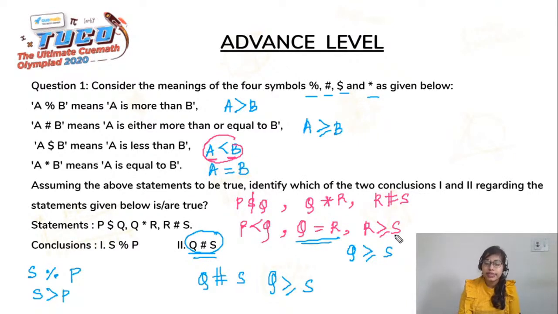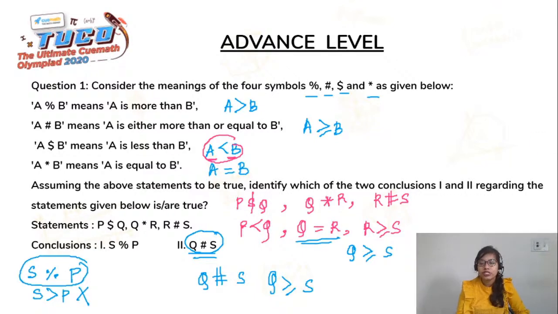And R is greater than or equal to S. So one thing is very sure, that Q is also greater than or equal to S, so Q is going to be the largest, because Q is greater than P as well, and Q is greater than S as well. But is there any way we could compare the value of S and P, whether P is going to be greater or S is going to be greater? No, it's not possible. Hence, we cannot say that S is greater than P.